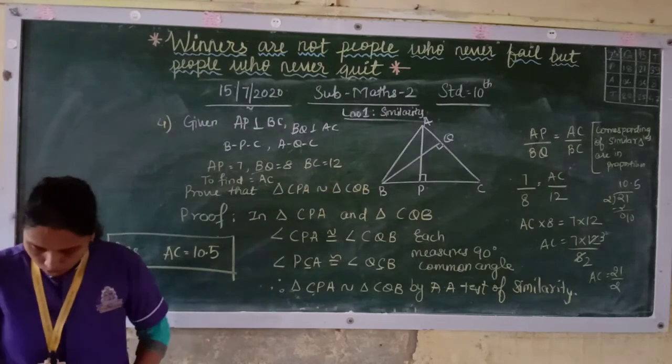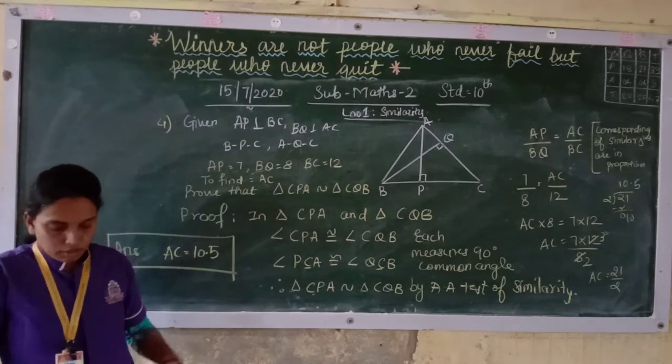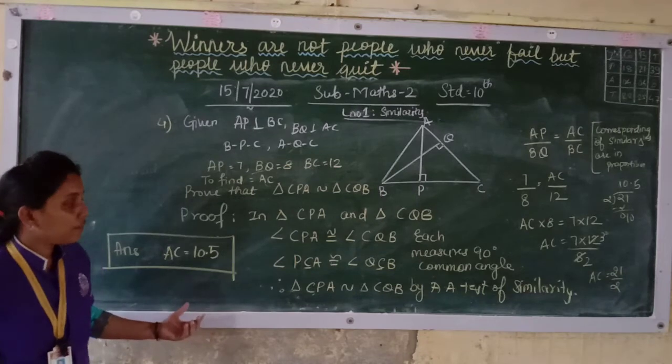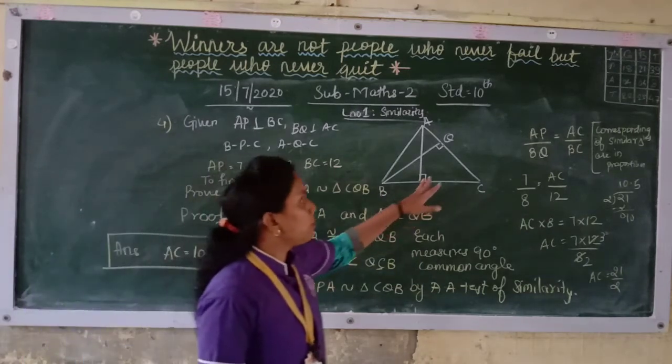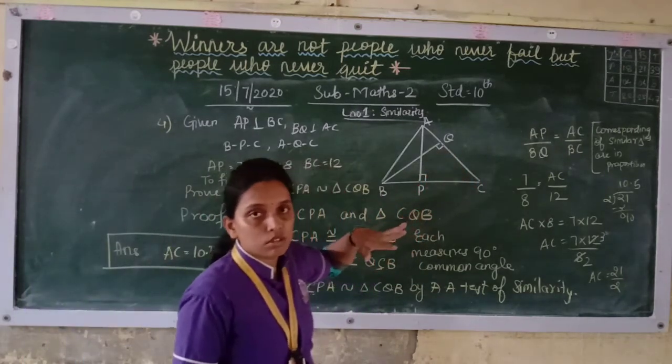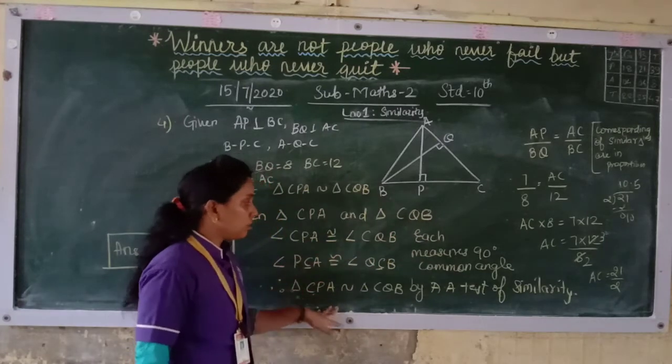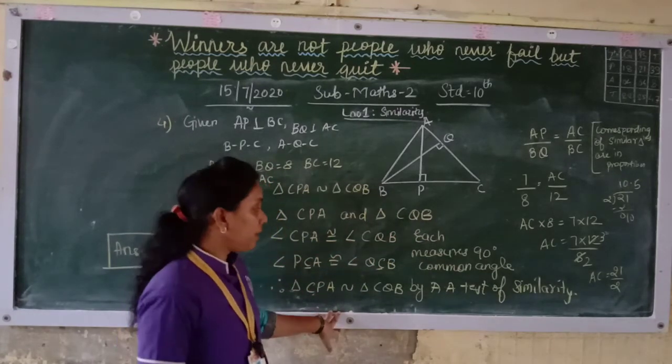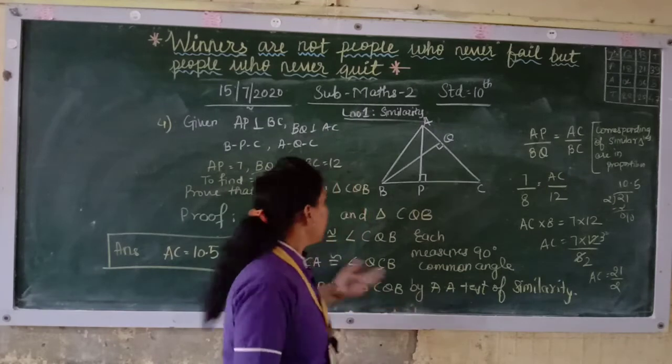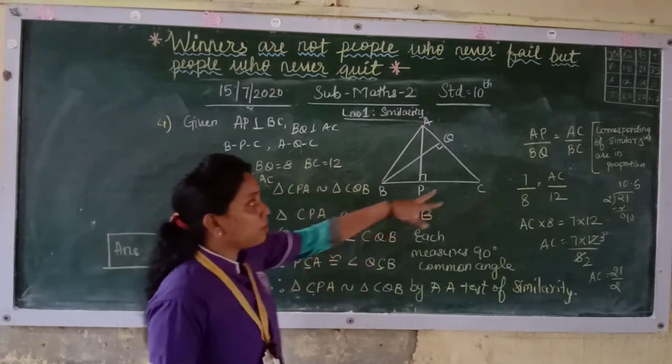So now if you see, AC value you got 10.5. Here also, like the previous one, only two angles we have shown congruent and the triangles will be similar by AA test of similarity. Then the sides are given, you can take them in proportion.